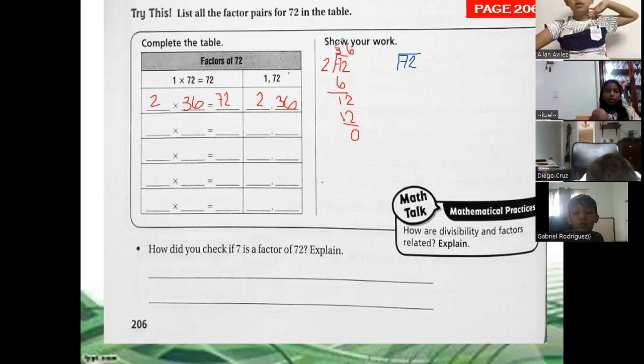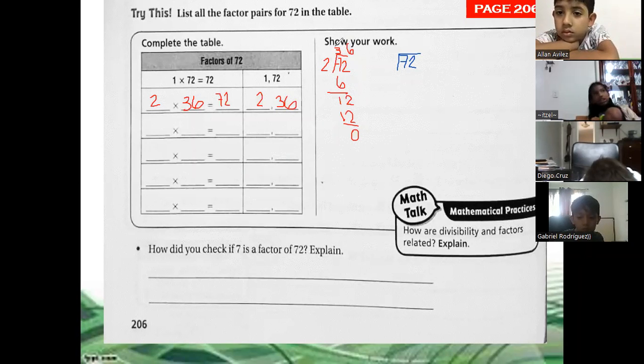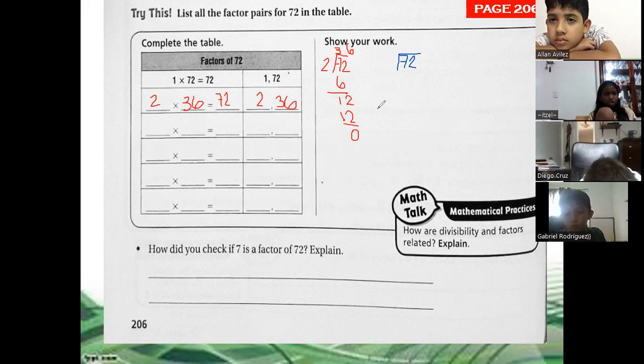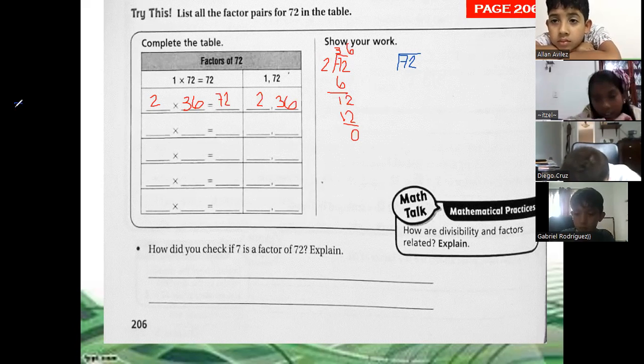But what I need you to tell me is, the divisibility rule says the sum of the digits is divisible by 3. So what do I have to do? Add 7 plus 2. 7 plus 2 equals 9. Can I divide 9 by 3?